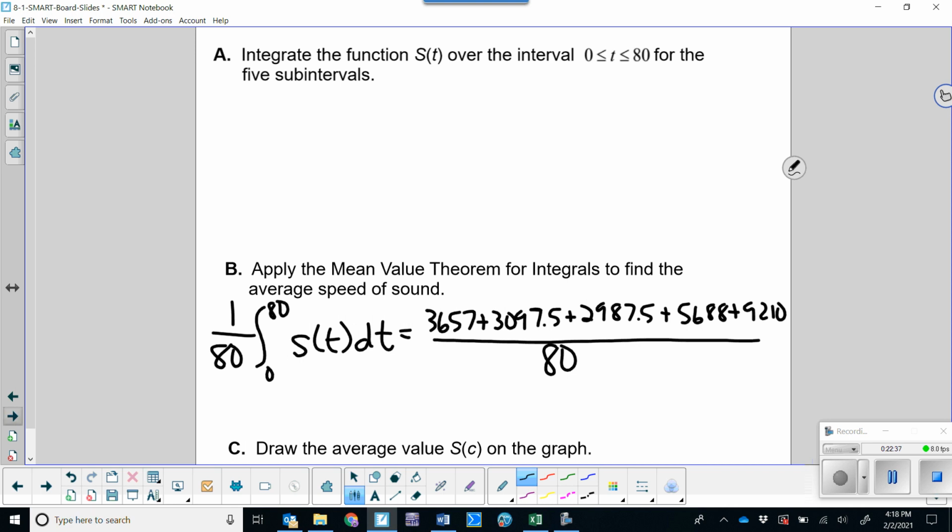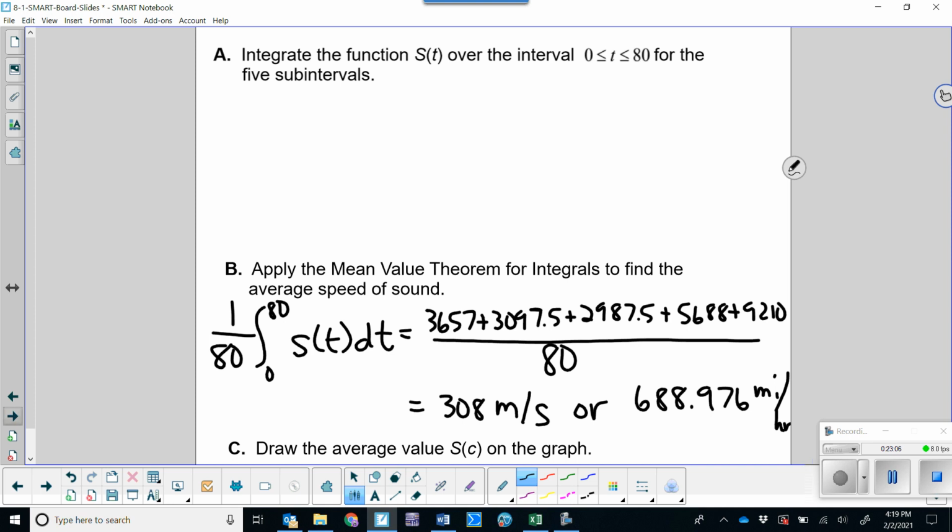You have to find the integral of all the parts, add it all up, and then divide by the entire interval of the entire thing. And then if we were to simplify this, this would be 308 meters per second, or if you just want to know, the average is 688.976 miles per hour, just for reference. Okay? So a lot of that's just arithmetic stuff, not that big of a deal.